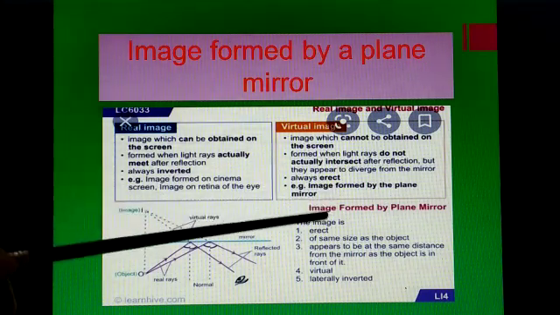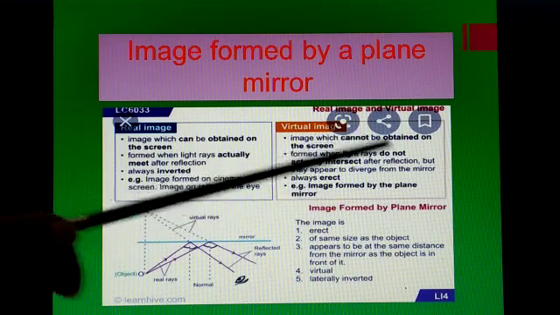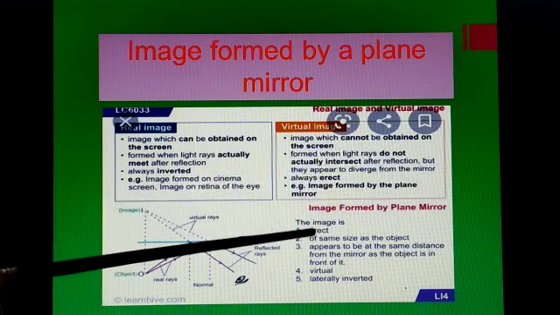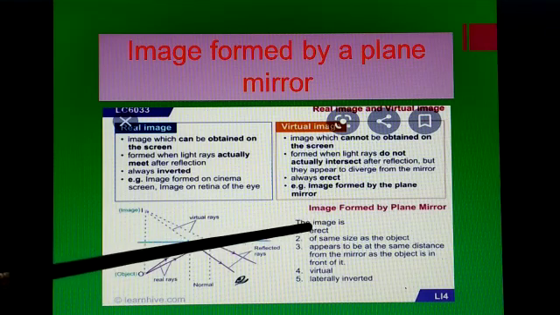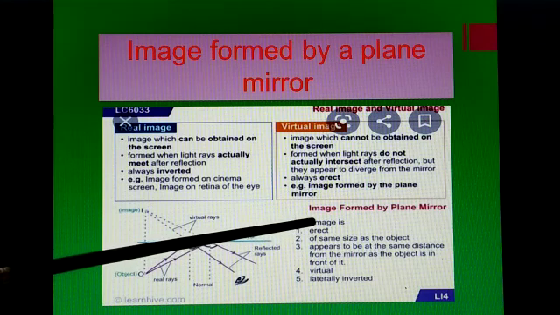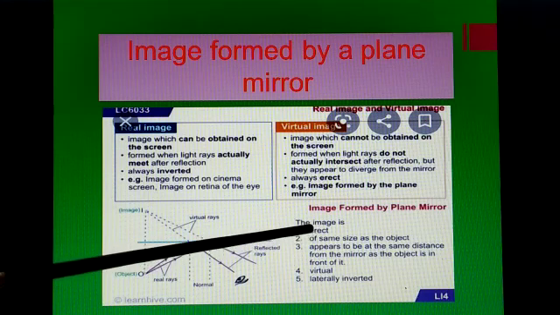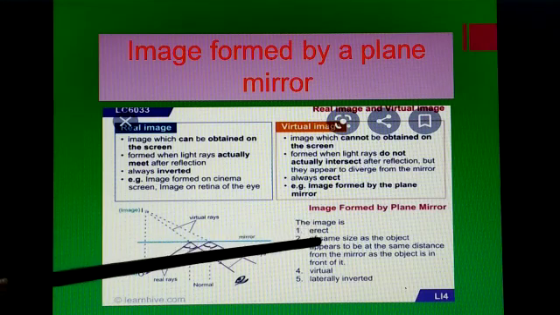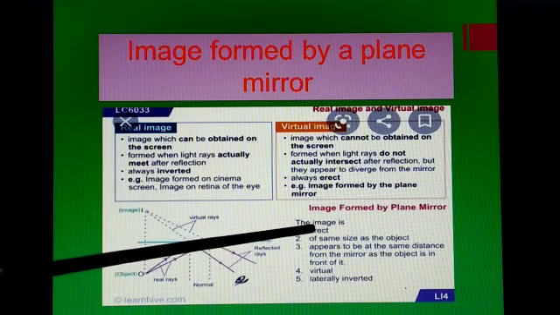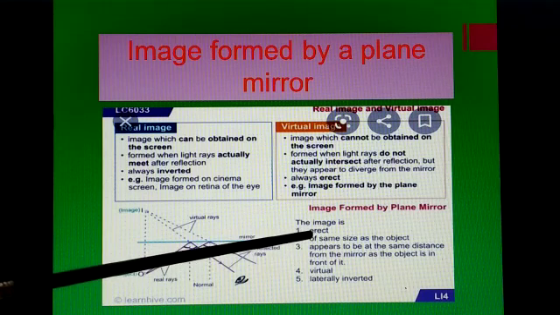Then next we can see the characteristics of the image formed by a plane mirror. First one, it is erect. Erect means straight. Daily we use a mirror to see our image, no? When we look in the morning, we can see our image is erect. Then how is the size?